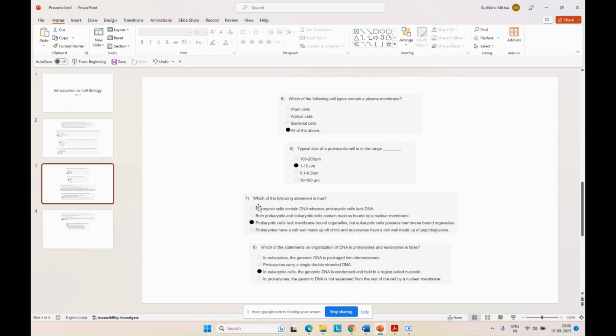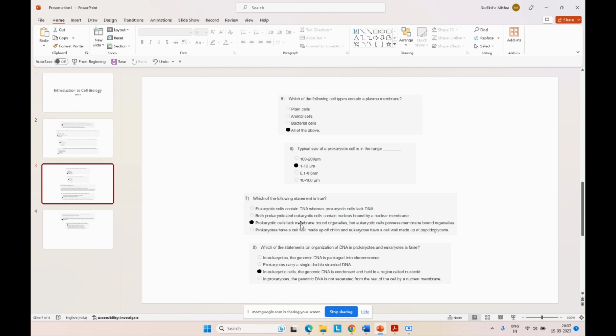Which of the following statements is true? Eukaryotic cells contain DNA, whereas prokaryotic cells lack DNA, which is not true. It's just that the organization of DNA is different. Both prokaryotic and eukaryotic cells contain a nucleus bound by a nuclear membrane, which is not true because prokaryotes are devoid of a nuclear membrane.